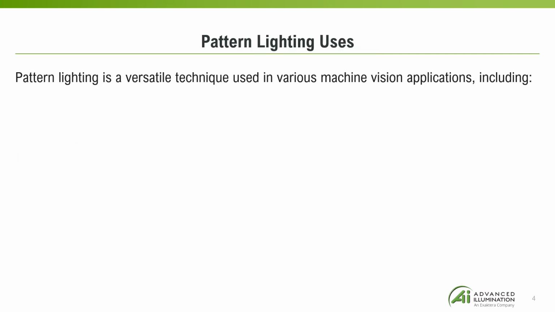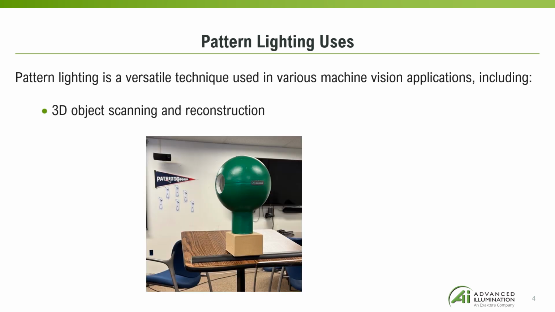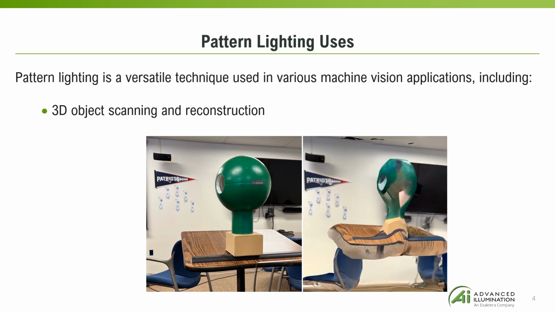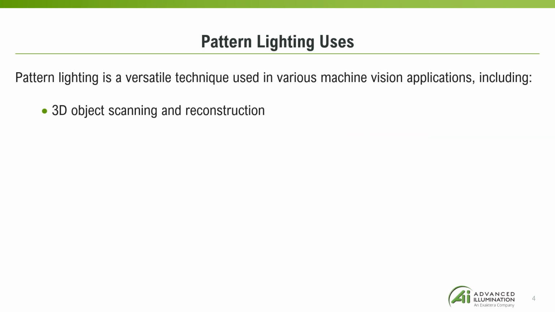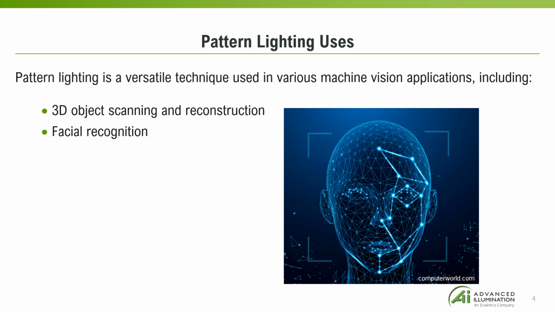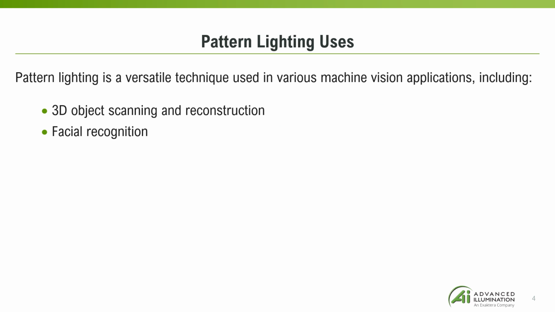The use of pattern lighting can offer various solutions to different types of applications. 3D object scanning and reconstruction is the most common application, used in robotics, manufacturing, and quality control. Facial recognition uses structured light to project patterns onto faces to capture accurate 3D models for biometric identification.